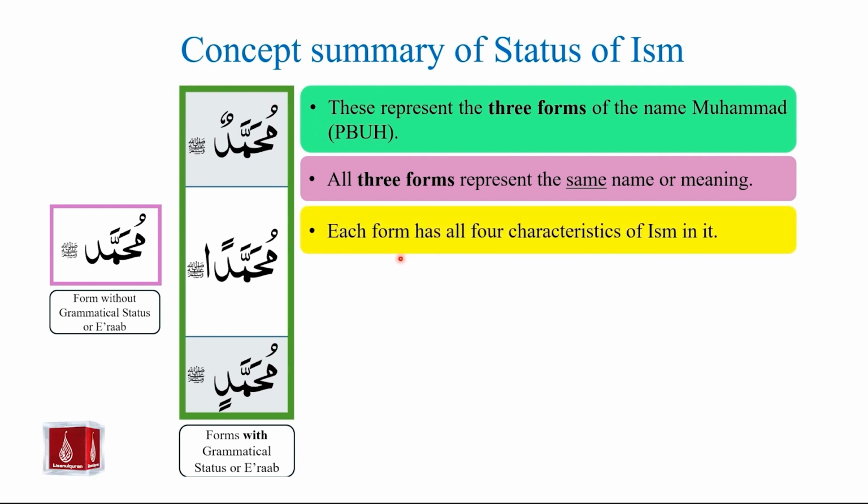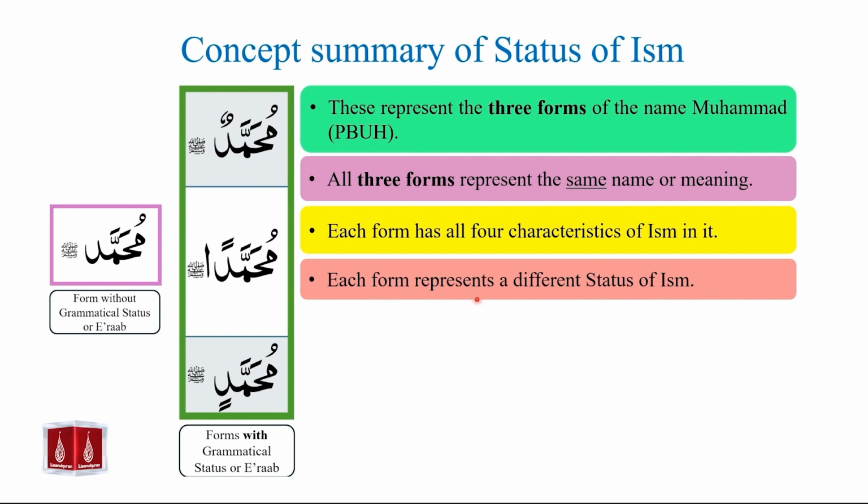Each form has all four characteristics of Ism in it. For example, for Muhammadun, now we know that at the end of the Ism, there is the final finishing touch, so we can tell its status. But we also know the number, the gender, and the capacity of Ism Muhammad.